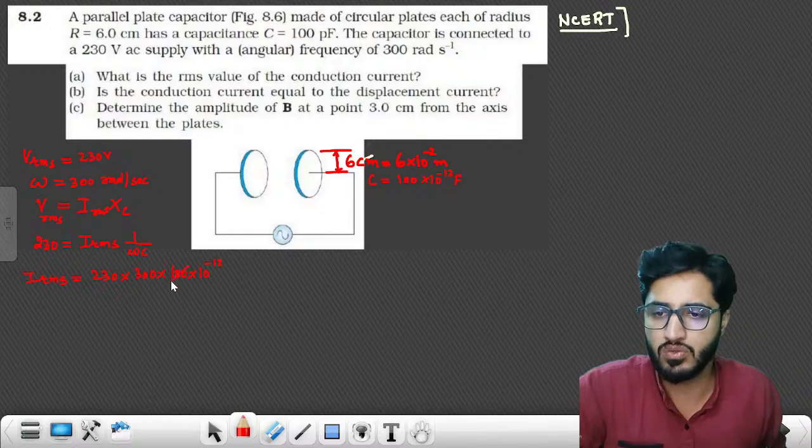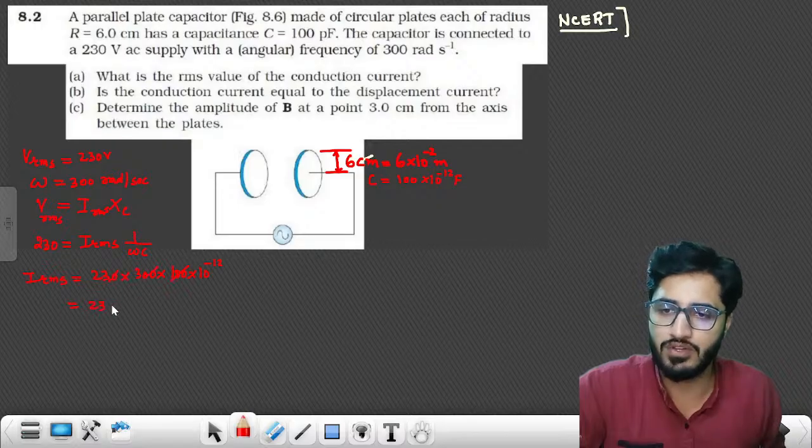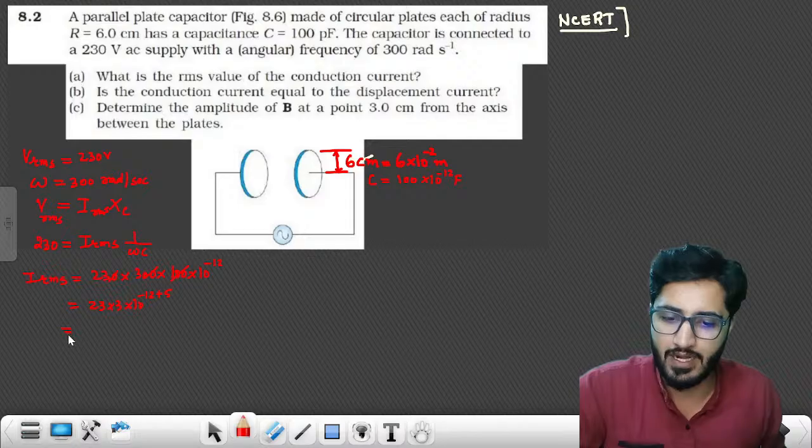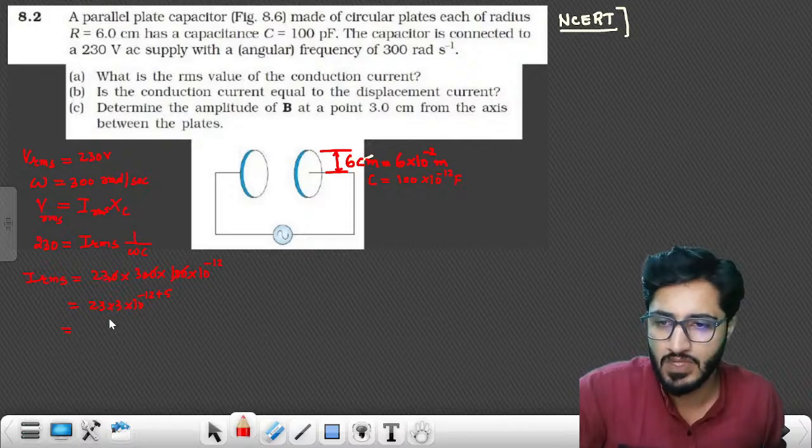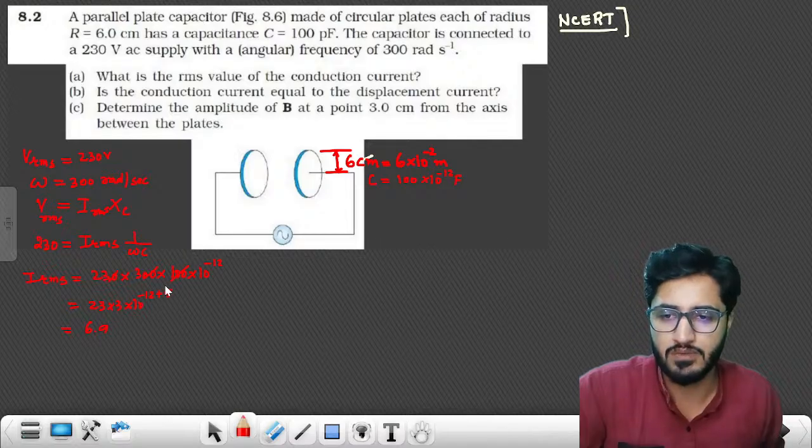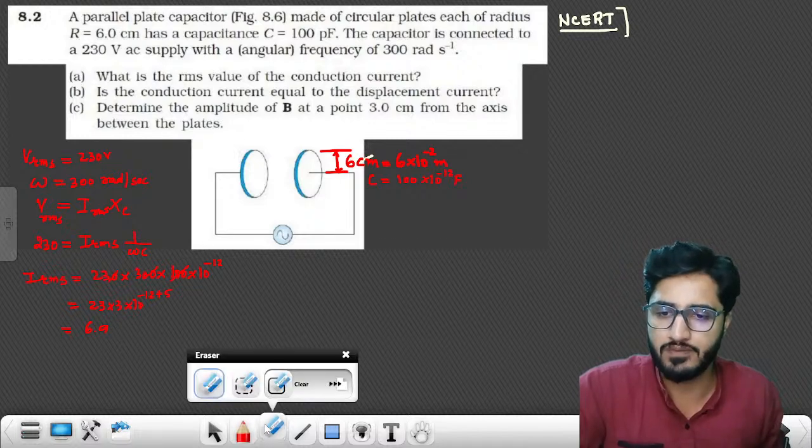So look, 2 to 4, 4 1 5. So I can write 23 into 3, 10 to power minus 12 plus 5. 3 3 are 9, 3 to the 6. It is 6.9, minus 12 plus 5, minus 7. We don't have a point here, no?